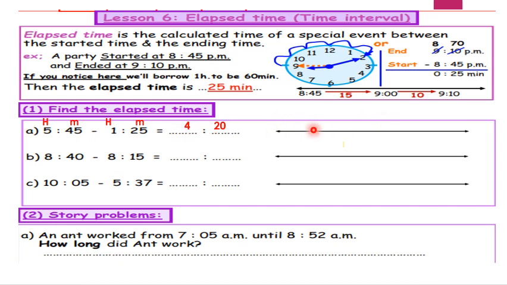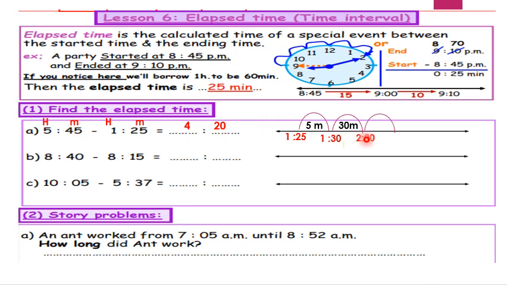We have another way we can represent it on the timeline. So the starting time is what? 1:25 is the starting time. I need 5 minutes to reach 1:30, and then from 1:30 to 2 o'clock I have 30 minutes, right? From 2 I need to reach 5:45.